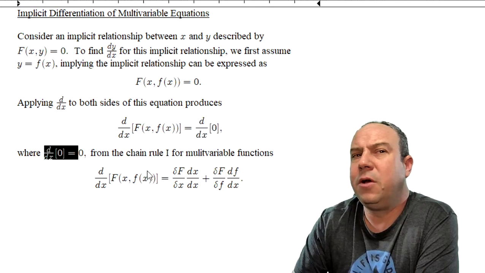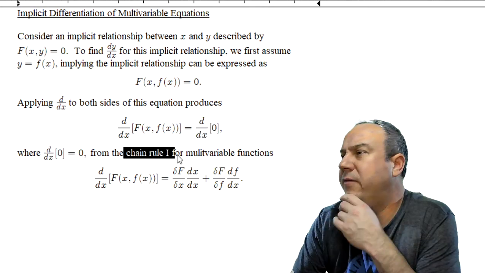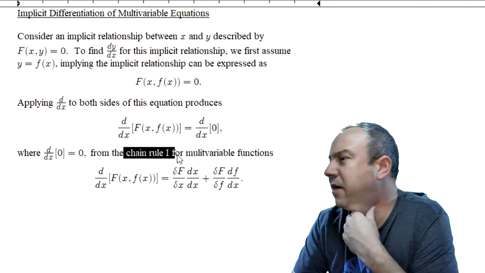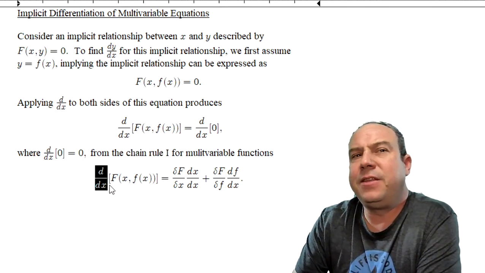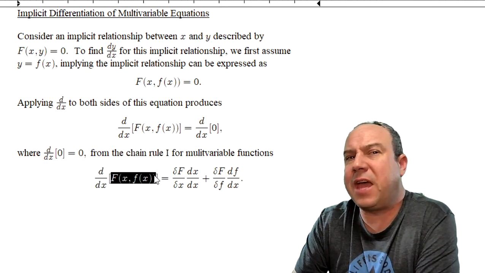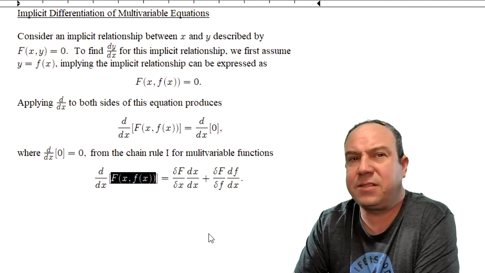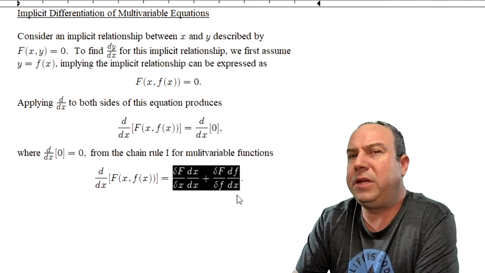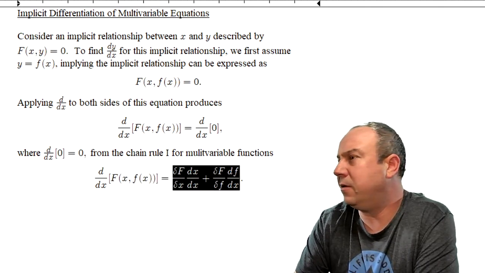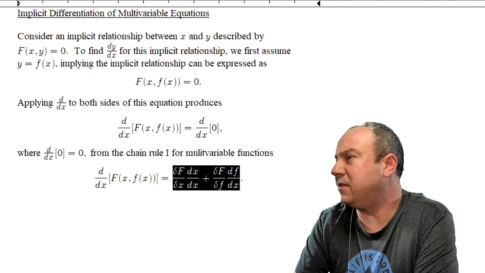From what we might think of as chain rule 1 of multivariable functions, the derivative with respect to x for that implicit expression described by x comma f of x would be described by this right-hand side.